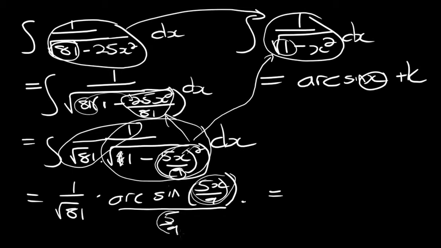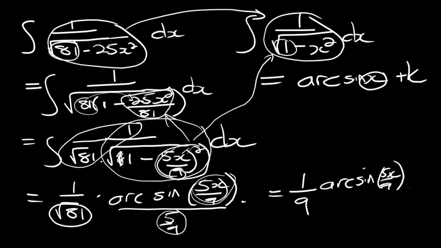This is a divide, and it tips and times, so this square root 81 will become 9, and then you have arc sine 5x over 9. Tips and times means it's 9 over 5.